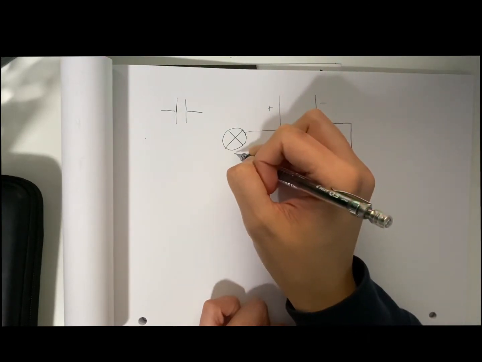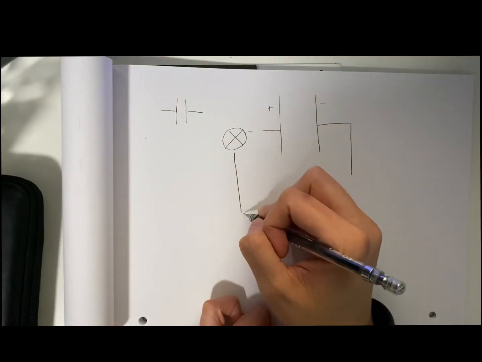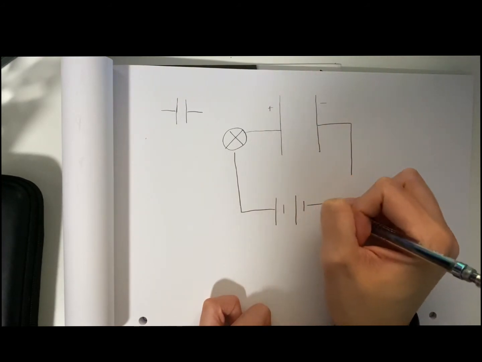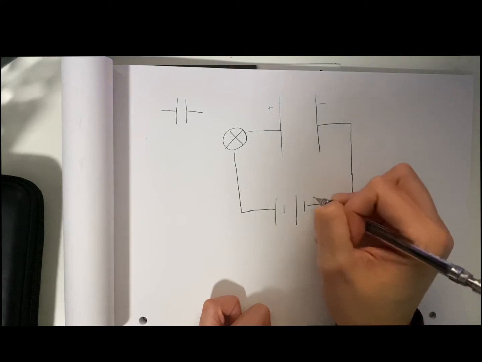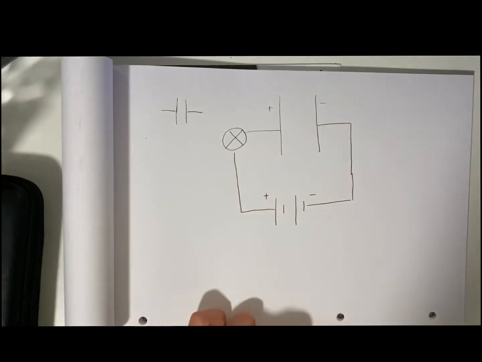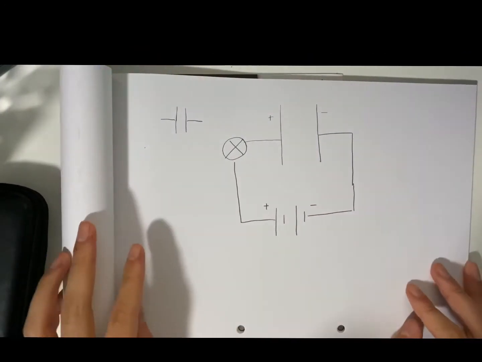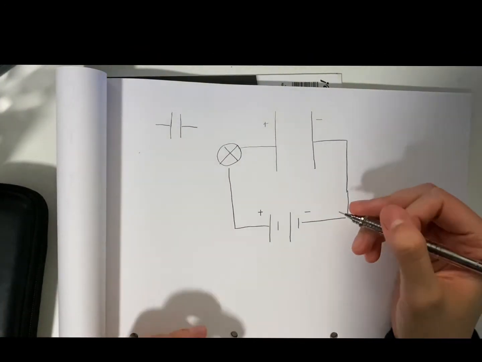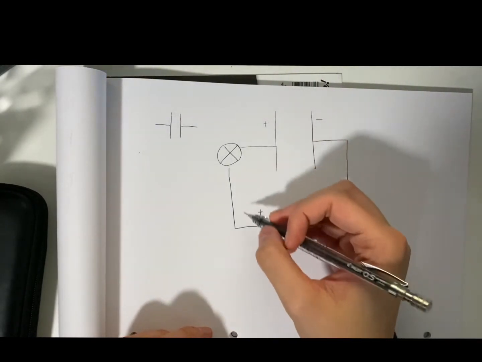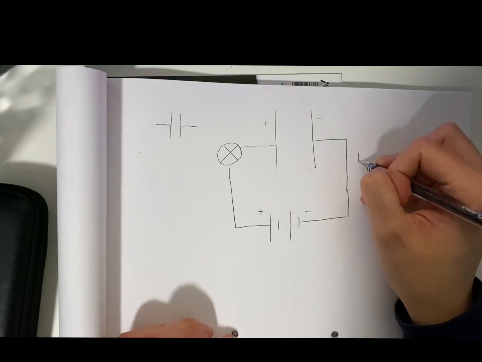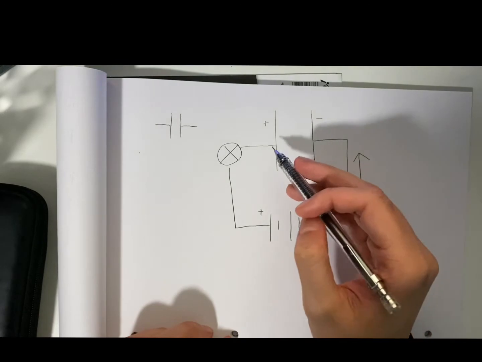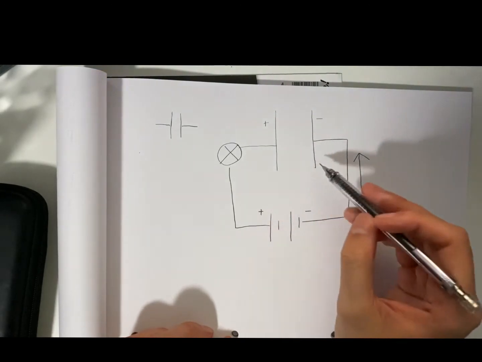And down here, minus, plus. So we have our circuit here, and if you remember, electrons flow from the negative to the positive. So our electrons are flowing this way. And just a quick refresher, conventional current is the flow from positive to negative.